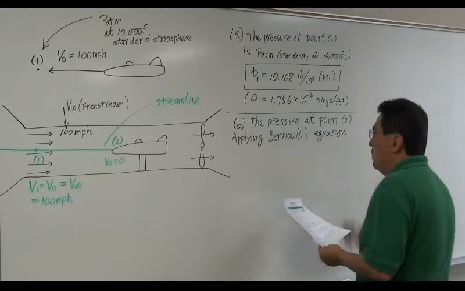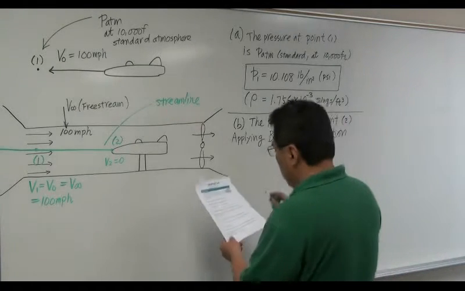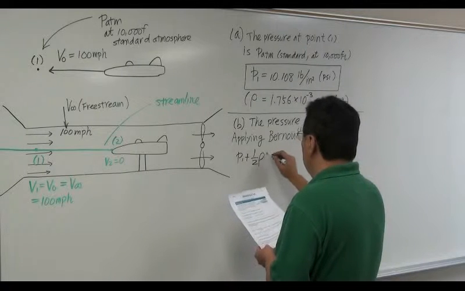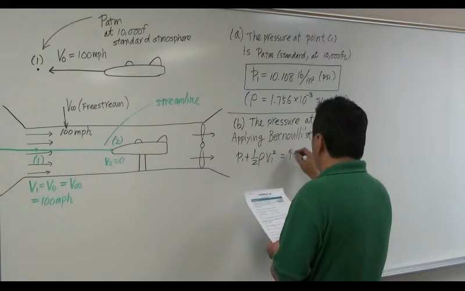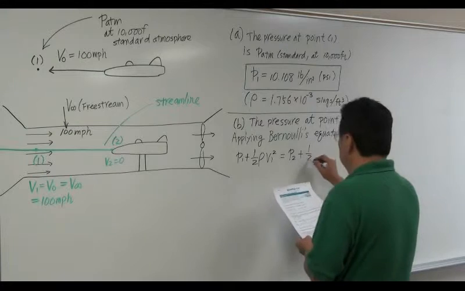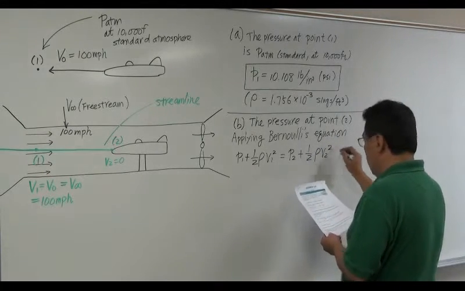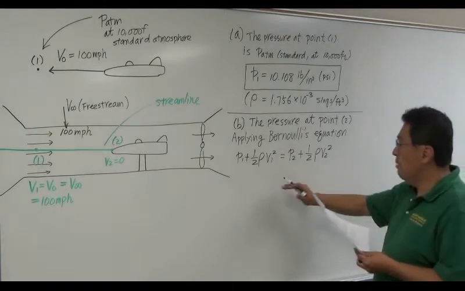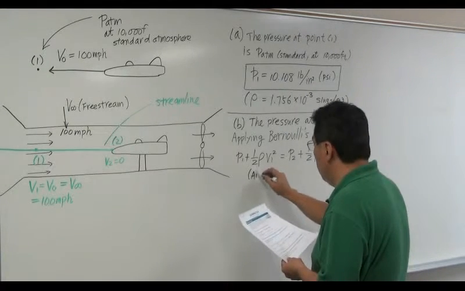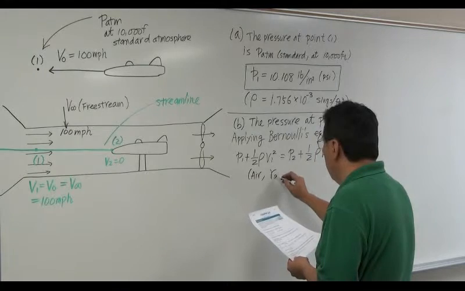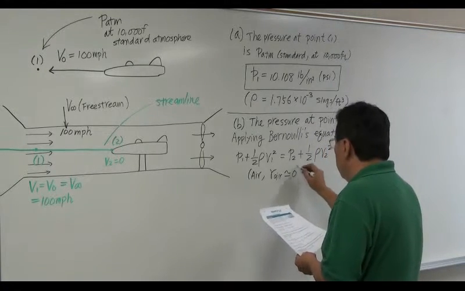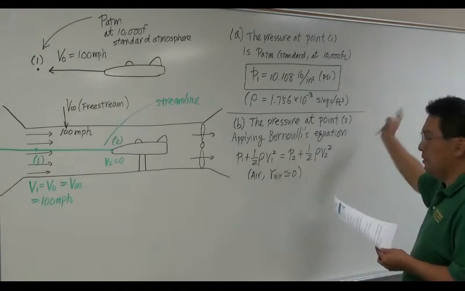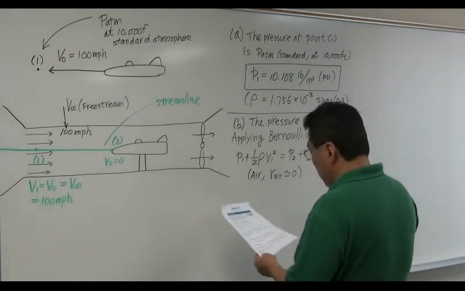We can say P1 plus 1/2 rho V1 squared is equal to P2 plus 1/2 rho V2 squared. Notice that the gamma z term is already dropped because this is air, so we approximately take gamma of air as 0. So gamma z1, gamma z2, both terms dropped off already.